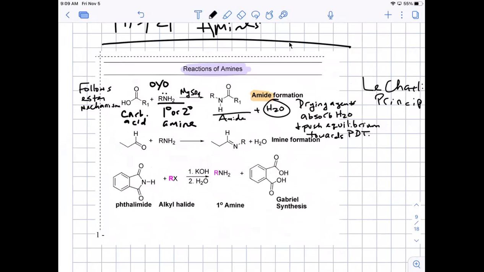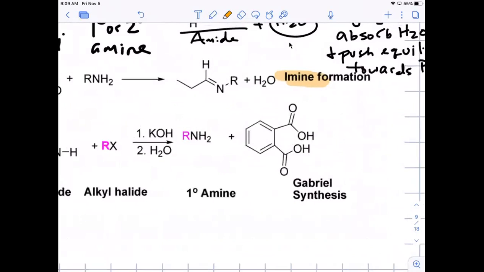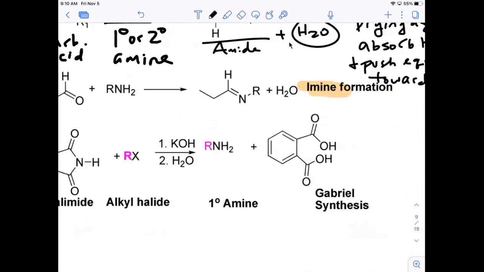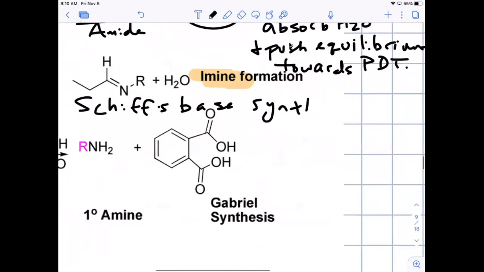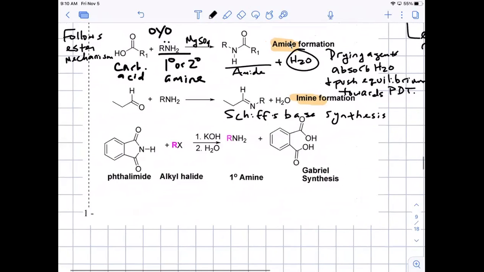All right, so I want to focus in now on the second reaction, which is imine formation. Sometimes you'll see this referred to as Schiff's base synthesis. Have y'all done this in our lab where you made a Schiff's base from a chalcone and an amine?